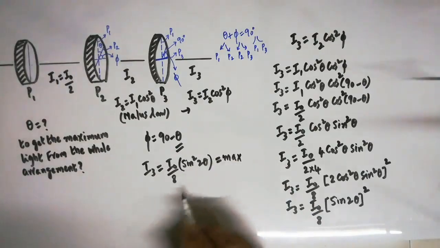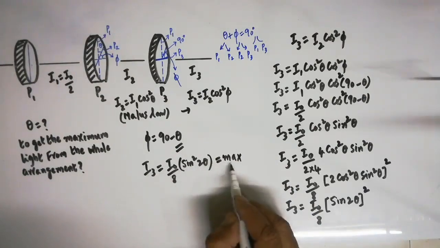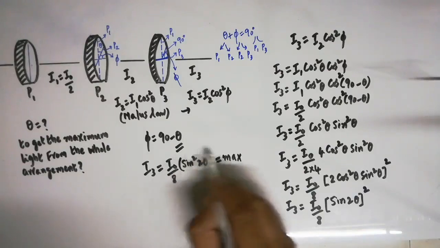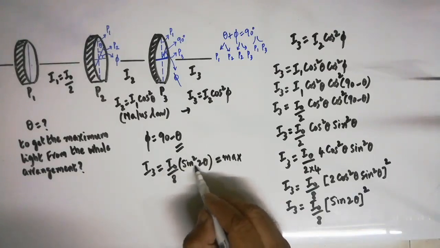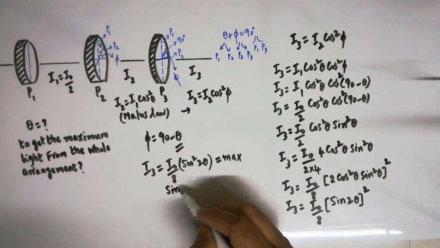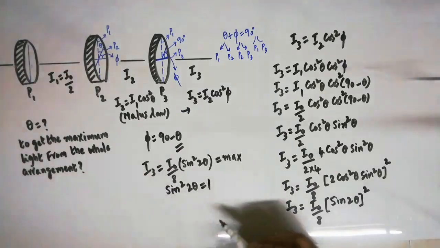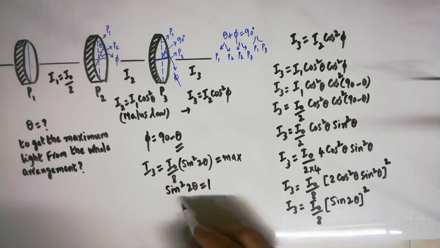That is the question: at what angle theta will I3 be maximum? When this factor becomes maximum, I will write it separately. The sin square 2 theta should be equal to 1. Only then the factor will become maximum.